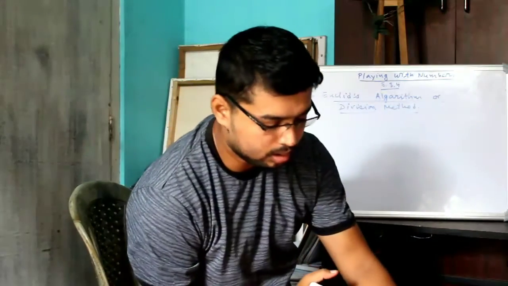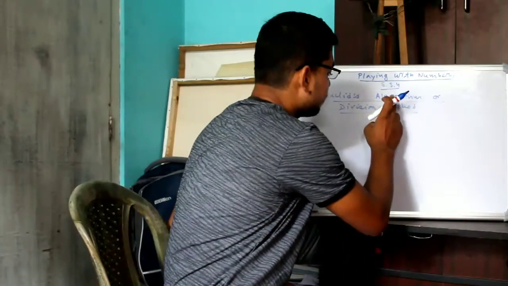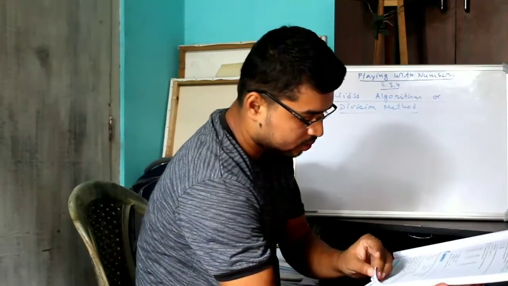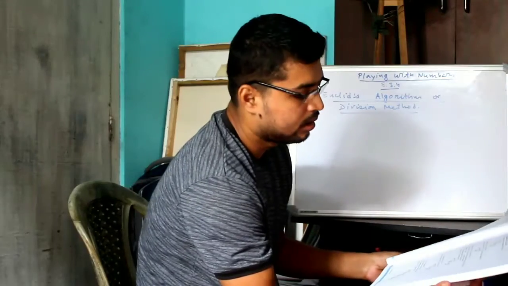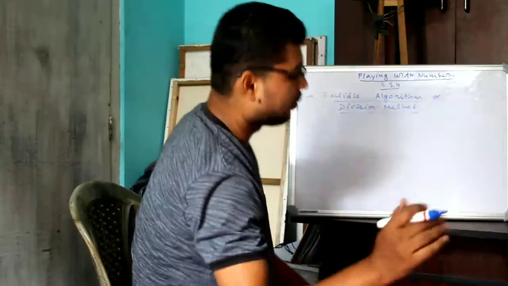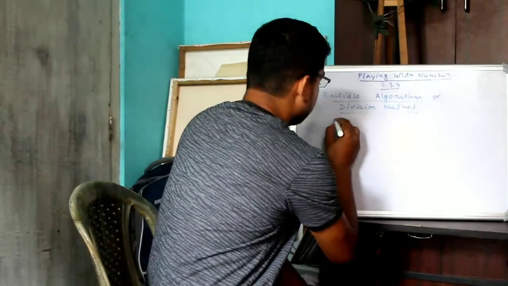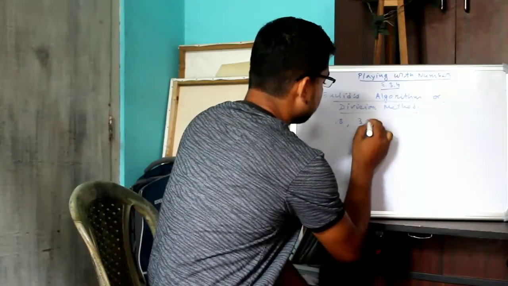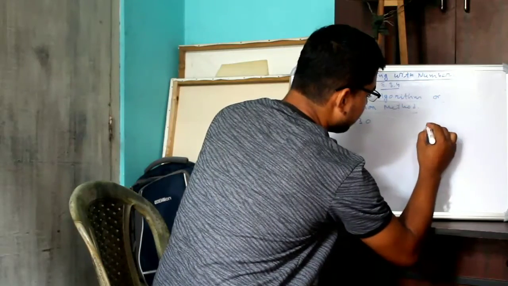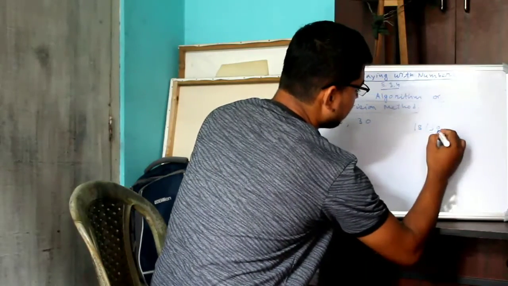How to find the HCF by Euclid's algorithm? Let me check for two numbers, 18 and 30. First divide 30 by 18.